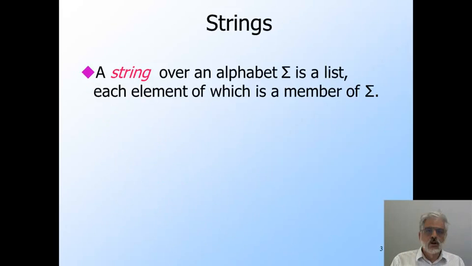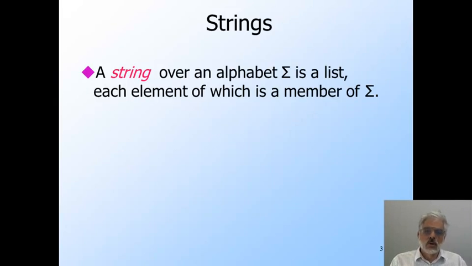alphabet. Strings are the usual data type you've seen in languages like C or Java. That is, a string is a sequence of symbols chosen from some alphabet sigma. The strings over sigma are those strings whose symbols are each members of sigma.